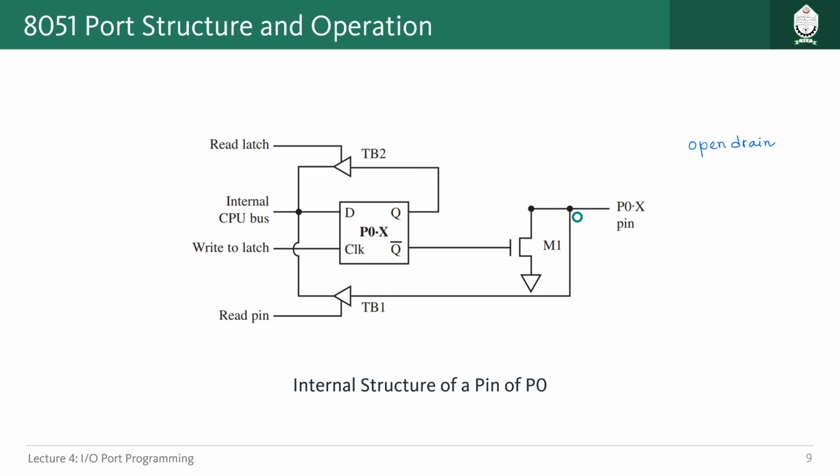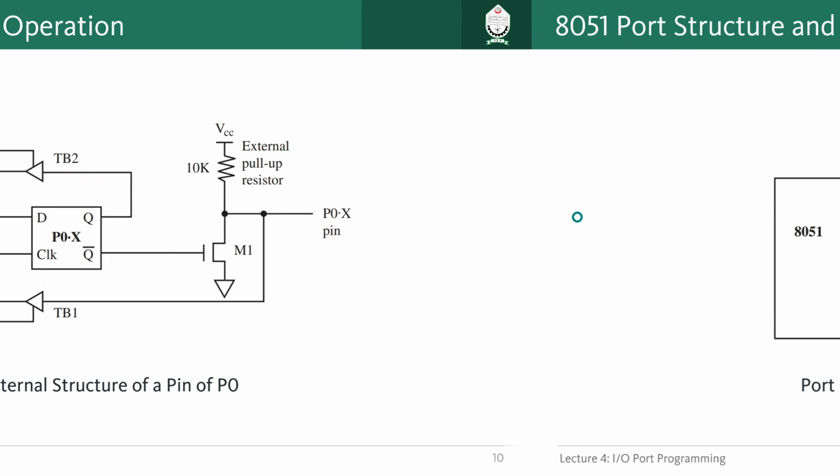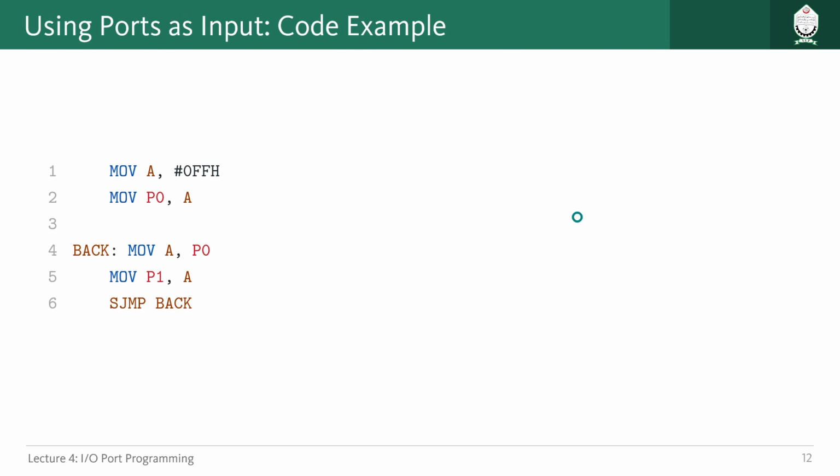For now, let us keep our discussion up to this much, and let us try to understand the code syntaxes in assembly language we can use to use those ports or these pins specifically. So the first example, we will look at how to use a port as input.